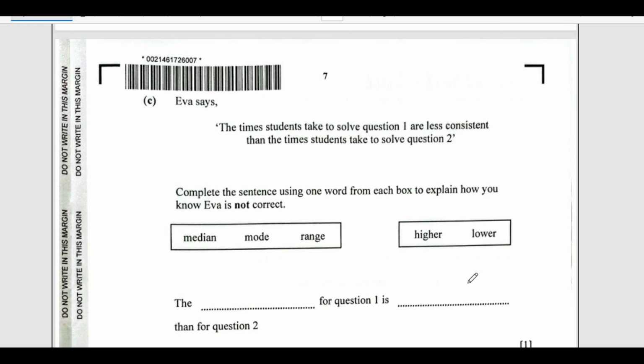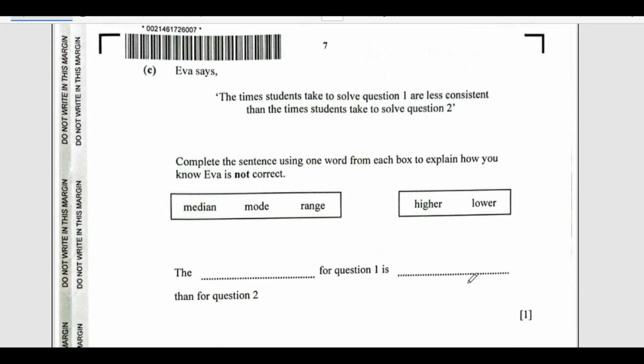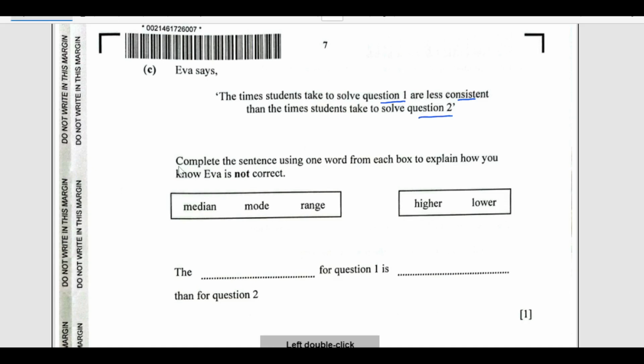Now part C. Eva says the times students take to solve question 1 are less consistent than the times students take to solve question 2. So whenever there is a question of consistency, we will always look for the range.